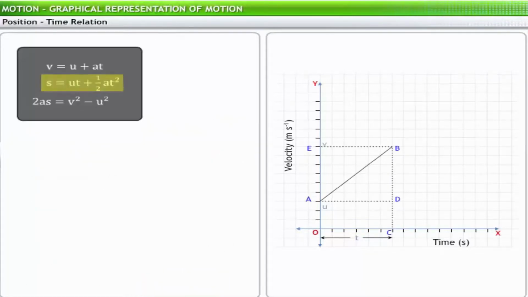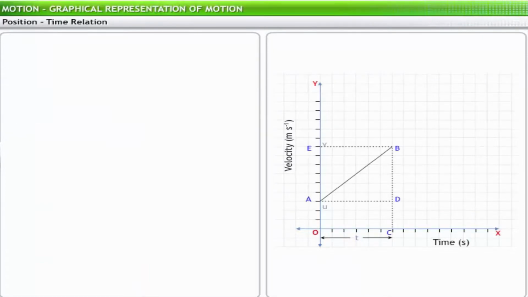Let's now derive the second equation of motion, that is the position-time relation. In the same velocity-time graph, we can analyze the position-time relation. Let s be the displacement of the object in time t. You can determine the displacement of the object as the area of the trapezium OABC under the curve.